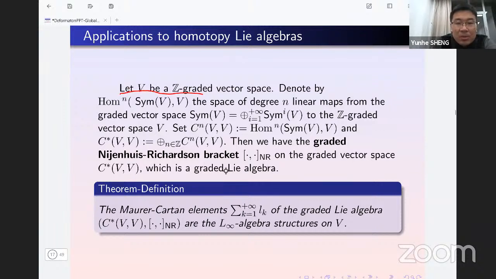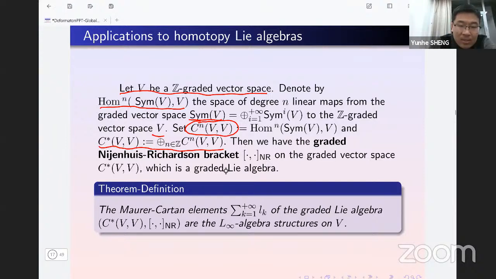Let V be a graded vector space, and we denote by this one the space of degree n linear maps from the graded vector space symmetric V to the graded vector space V. Then we denote this space by C n V V, and we consider the graded vector space C star V V, which is the direct sum of C n V V. On this graded vector space, we have the graded version of the Nijenhuis-Richardson bracket, which is again a graded Lie algebra.